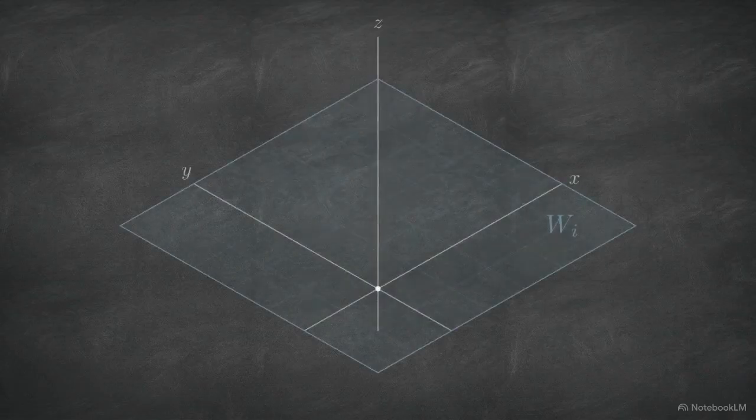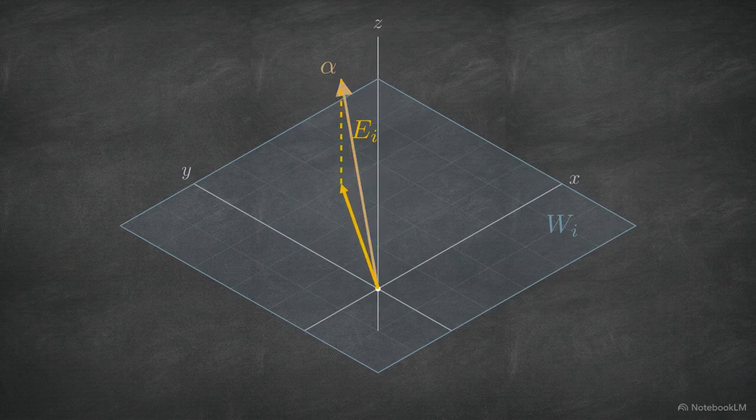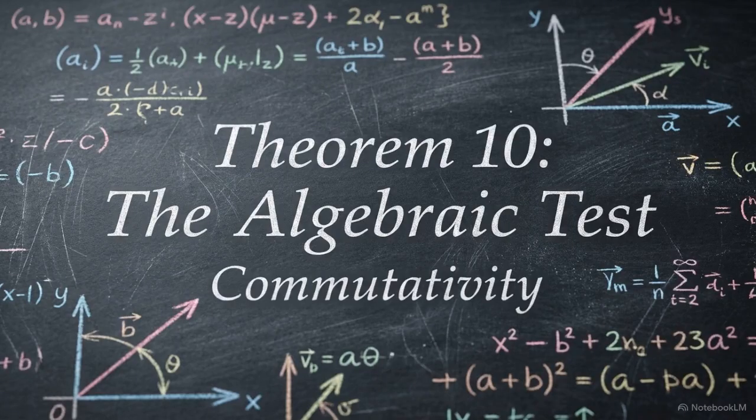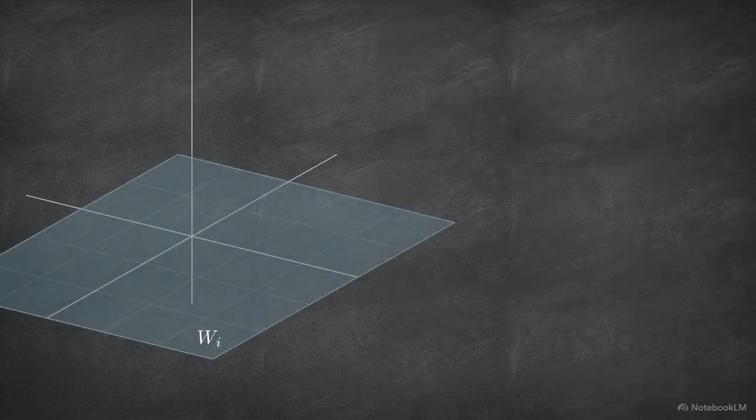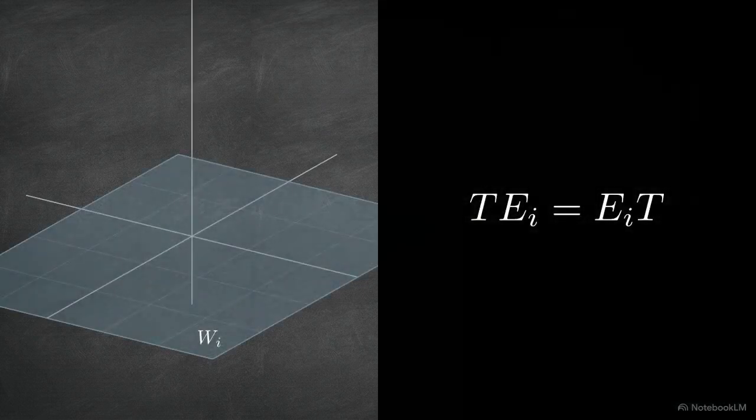We use the projection operator, Ei, to map any vector in the space down onto a specific subspace, Wi. Theorem 10 states that a direct sum is invariant under T if and only if T commutes with every projection operator defining that space. The algebraic condition is simple. T times Ei must equal Ei times T.